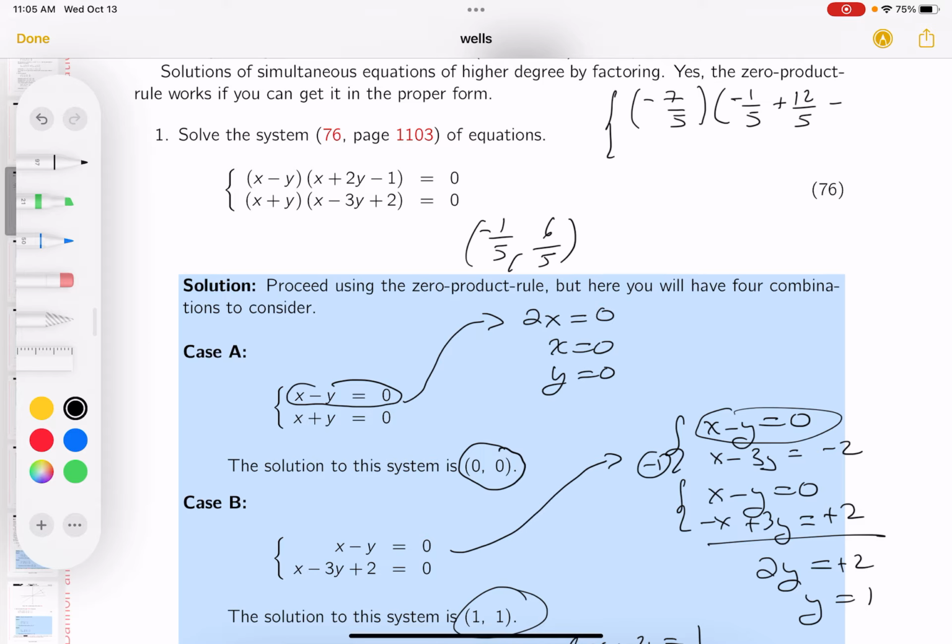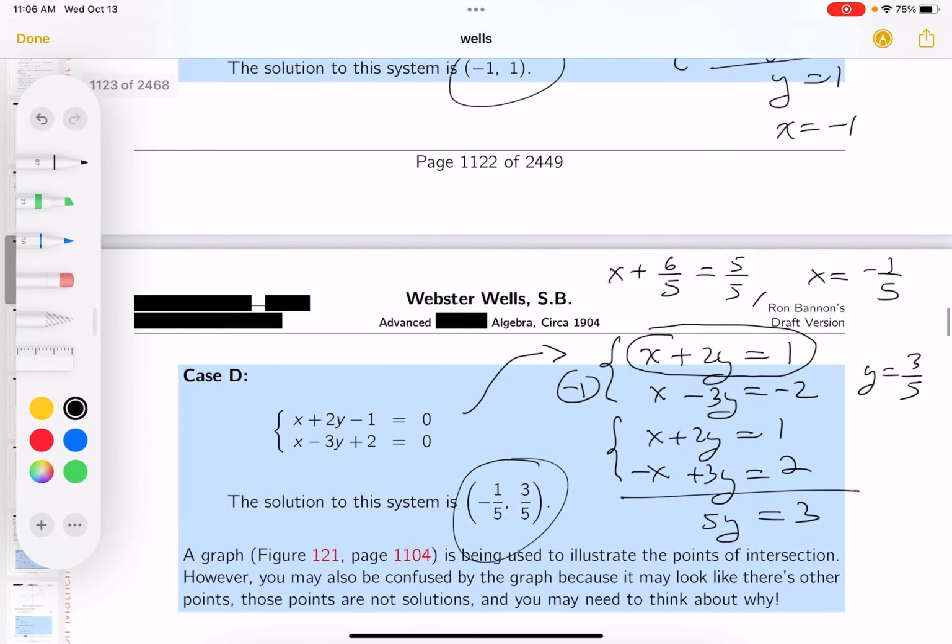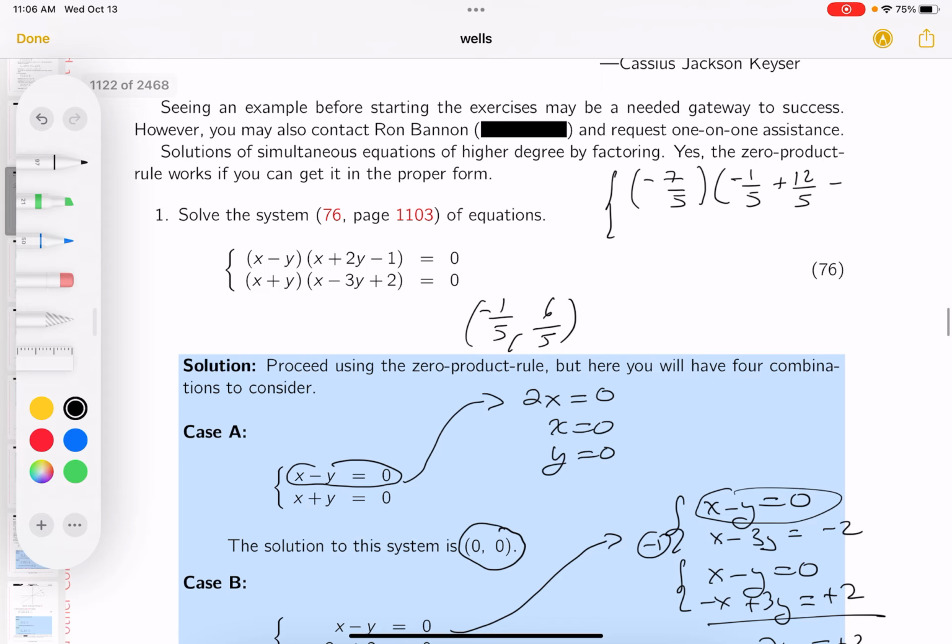First of all, did I copy it right? Let's see if I got it right. Oh, I'm sorry, it's 3/5. The reason I said that, it wasn't making any sense. And this happens to me sometimes. I've got to erase this. It wasn't working out. All right, so let's go back.